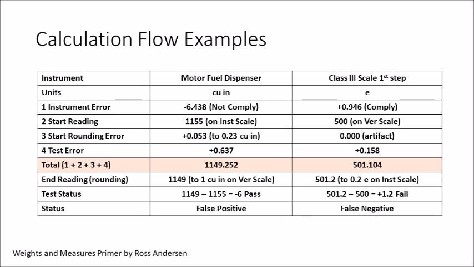Now we add in the test error, 0.158e. Add that all together, we get 501.104. Now what we're going to do is round that off to 0.2 on the instrument scale, which is 501.2, based on R76. 501.2 minus 500 gives us an error of 1.2, which fails the test, but that was in fact a compliant instrument.